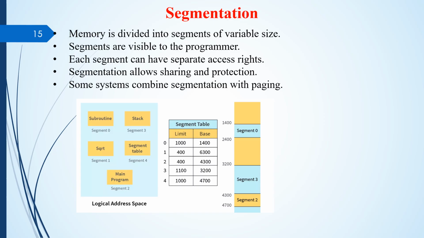Each segment can have its own access rights and can grow or shrink as needed. Segmentation also allows sharing code or data between processes and provides protection. Some systems even combine segmentation with paging to get the benefit of both methods.